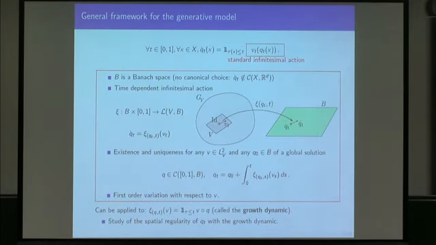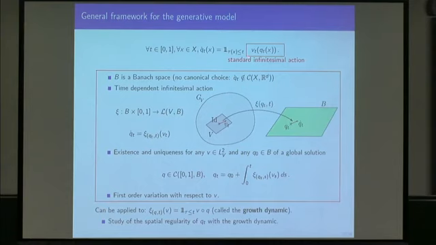So just an overview of the theoretical framework for this generative model. We have chosen here specific infinitesimal actions, but we developed a more general model. We have a space of mapping, and we do not have any more canonical choice because of the spatial irregularity given by this indicator function.